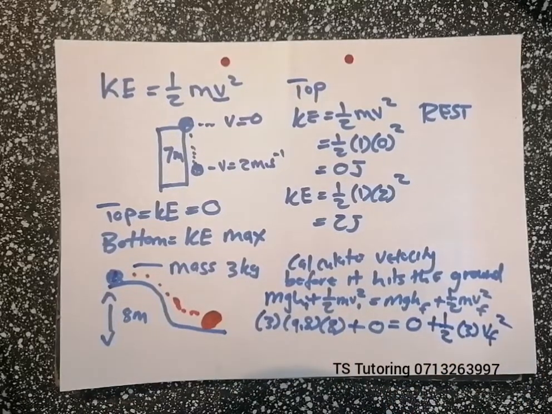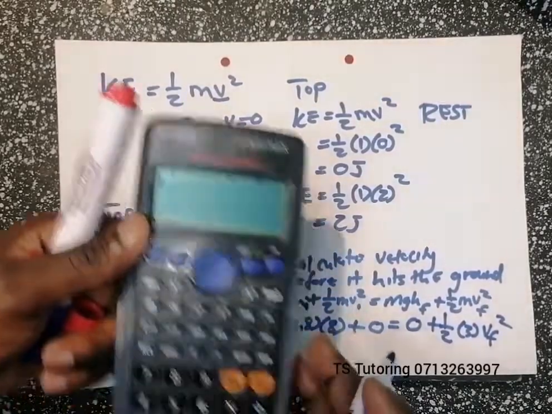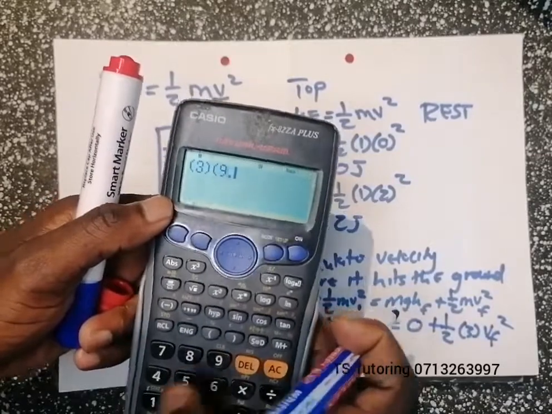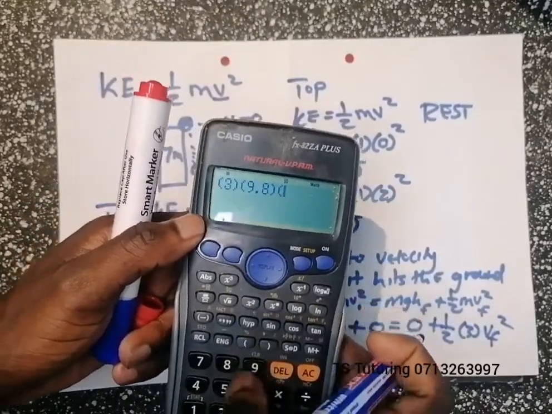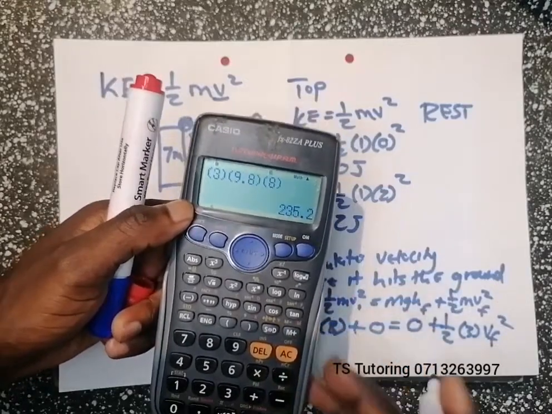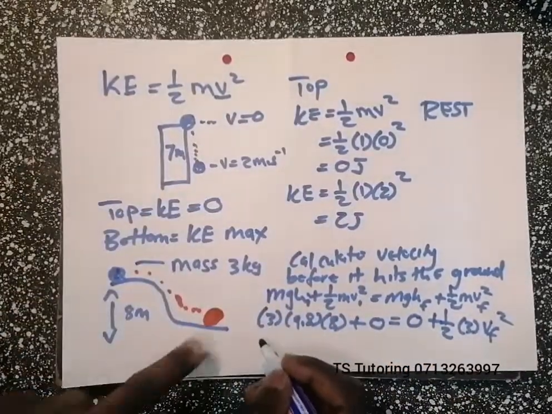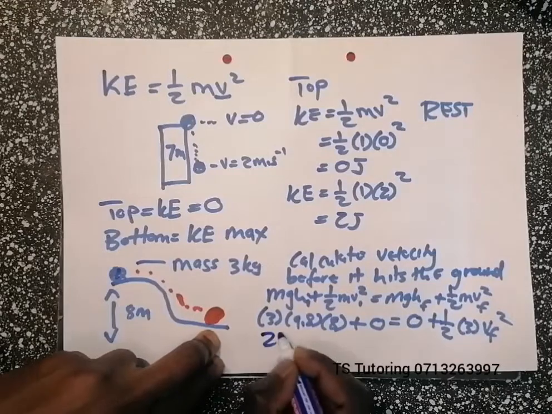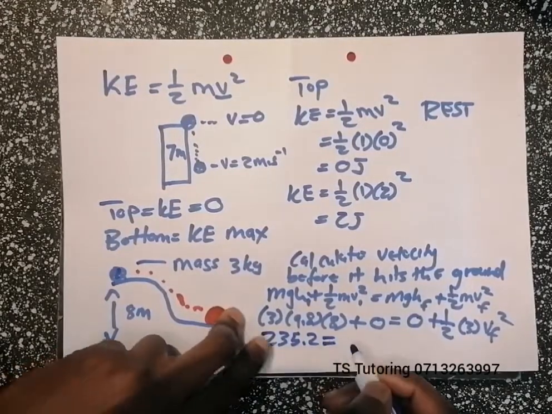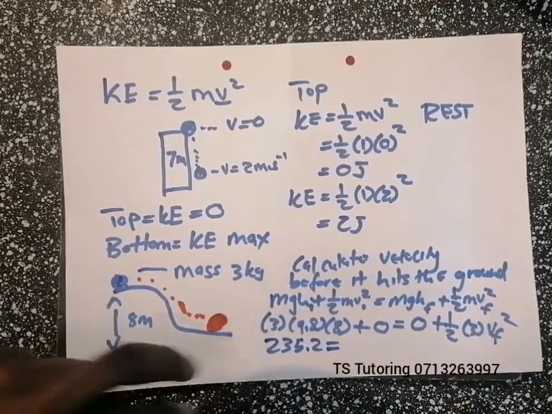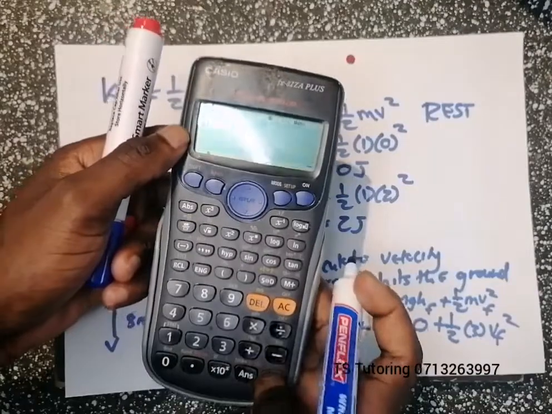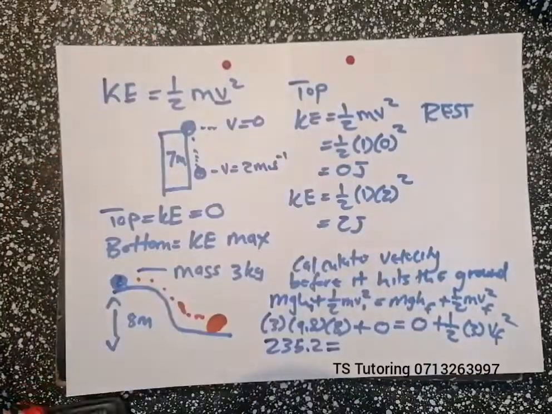If we do our calculation, 3 multiplied by 9,8 times height of 8, our potential energy will be 235,2 joules at the top, which will be equal to half times 3. 0,5 multiplied by 3 will give us 1,5.